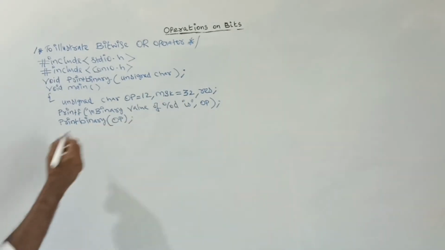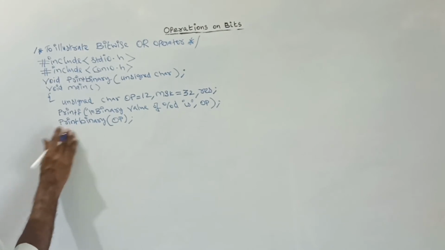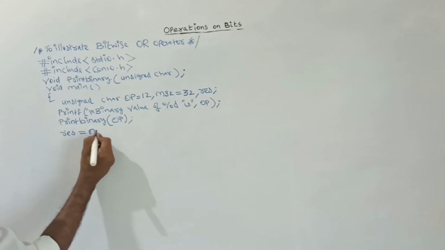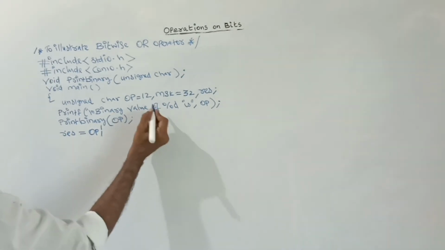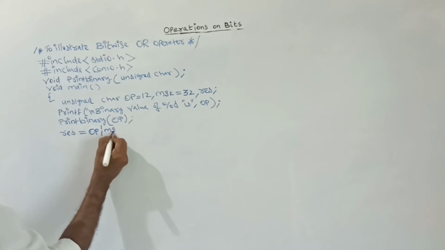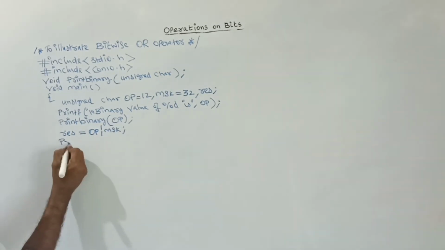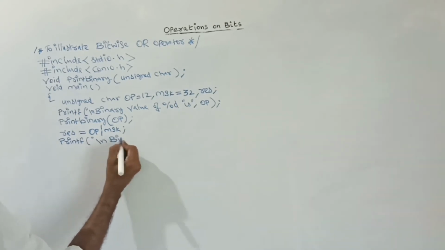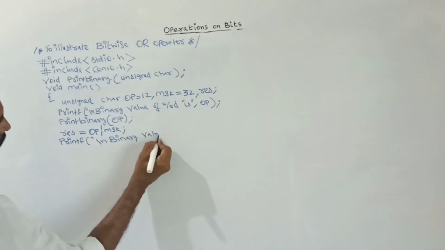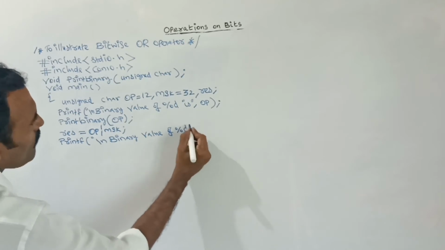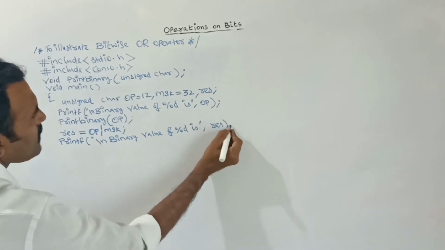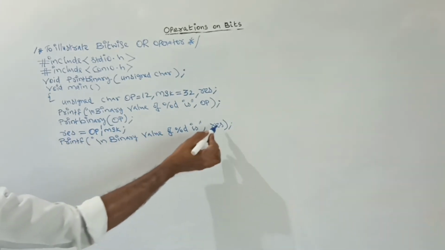Next I am finding the result, res is equal to the operand value, next I am using the OR operator, next the mask value. So here this res decimal value will be printed.